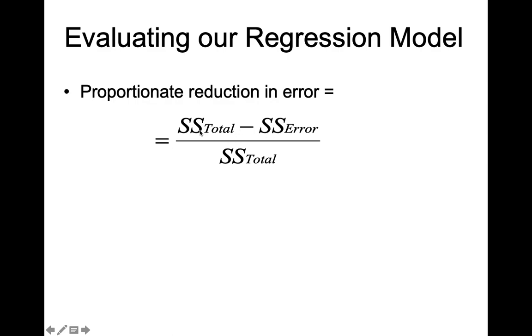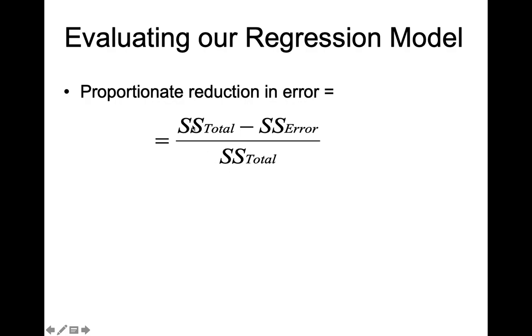Okay, let's just sub in some numbers here. If we've got a perfect model, a correlation of 1, error will be 0. And so in this formula, we'll take sum of squares total minus 0 error from our perfect model.